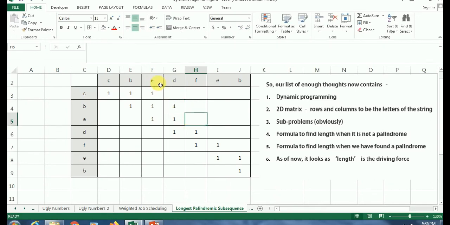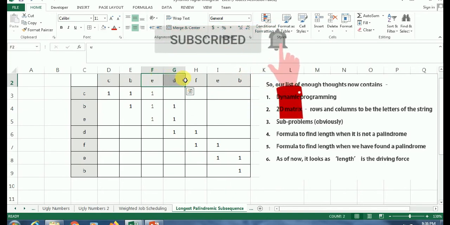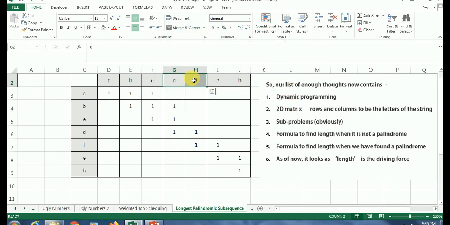All right, we come down here, EDF. It's going to be max of LPS of ED and LPS of DF. So DF is 1 and ED is 1. So that is going to come out as 1 again. Similarly, I am going to get 1 as the cell values of the next few cells, because we all have ones.